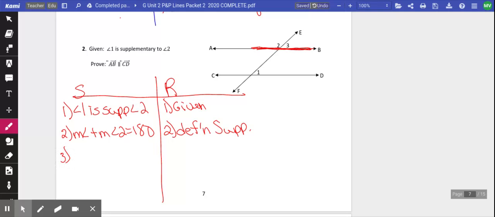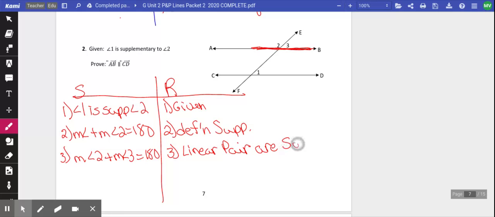And what that means is that the measure of angle 2 plus the measure of angle 3 equals 180. And the reason why is that linear pairs are supplementary. Those are a linear pair, that's what we learned, because they're adjacent to each other and they make a straight line.